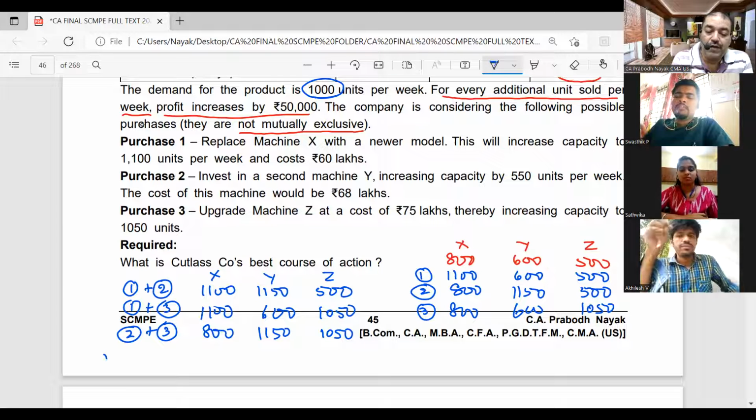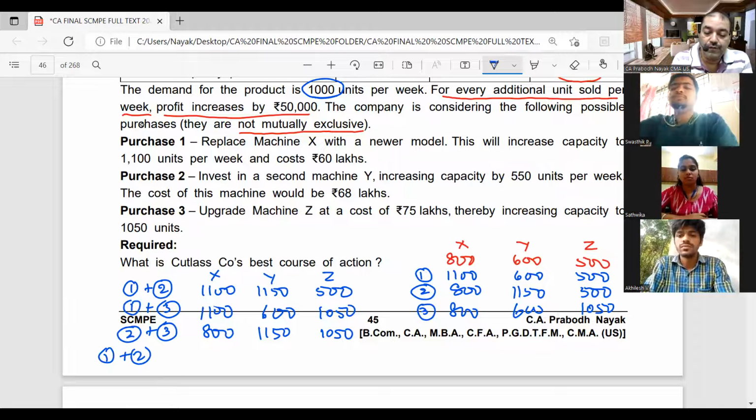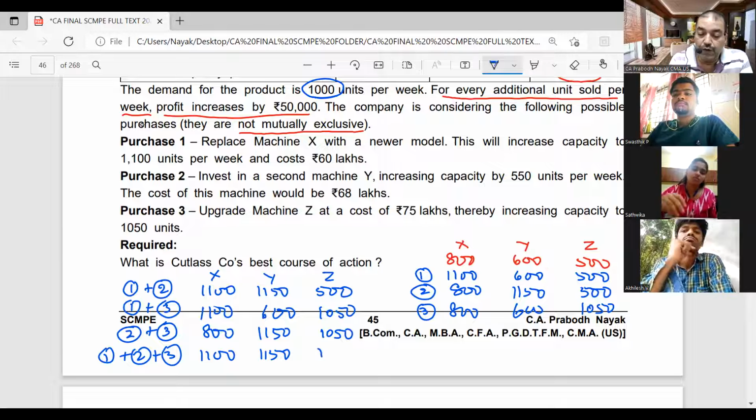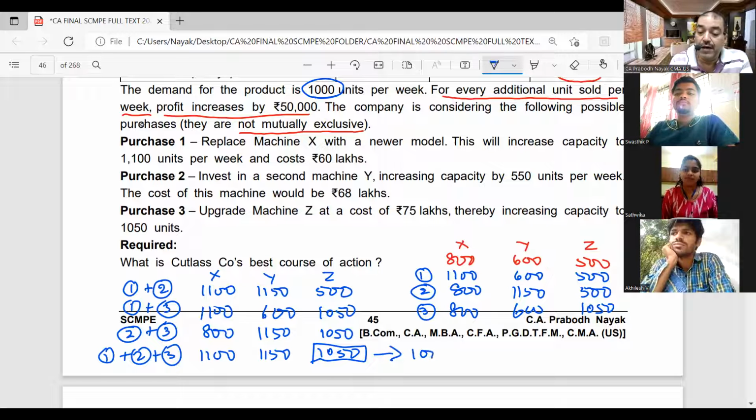Let us see what will happen if I take 1 plus 2 plus 3. 1 will be giving me 1100 units of X. 2 will be giving me 1150 units of Y. And 3 will be giving me 1050 units of Z. Now my production is restricted to 1050, but still I am able to meet my demand of 1000 units.